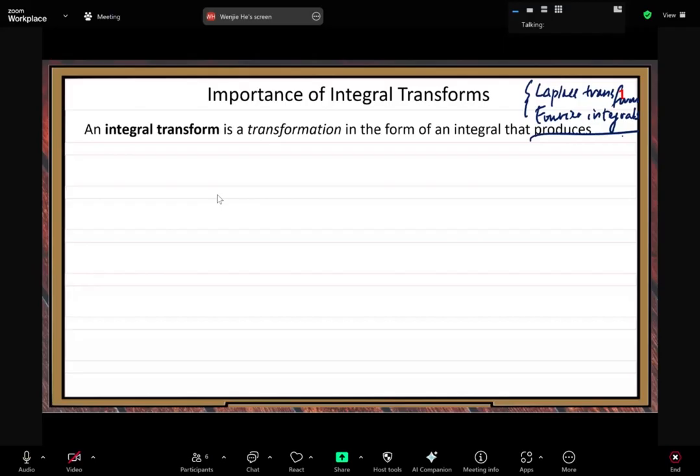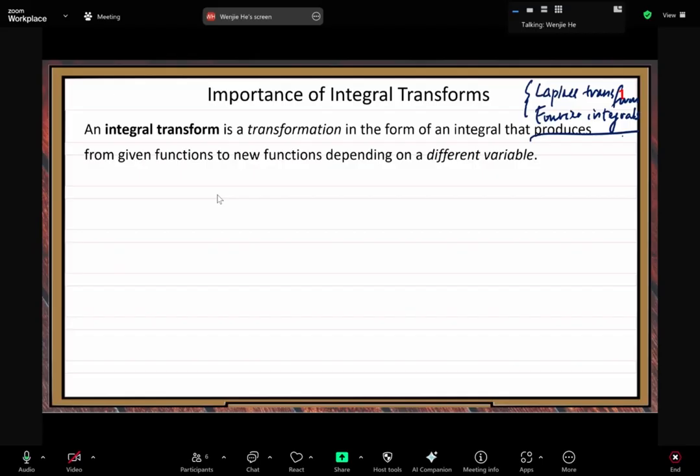First, the integral transform concept. We have the background of the Laplace transform, so we can understand this concept easily. It is a transformation in the form of an integral. Our Laplace transform is also in the form of an integral, right? An integral that produces, from given functions, new functions depending on a different variable.